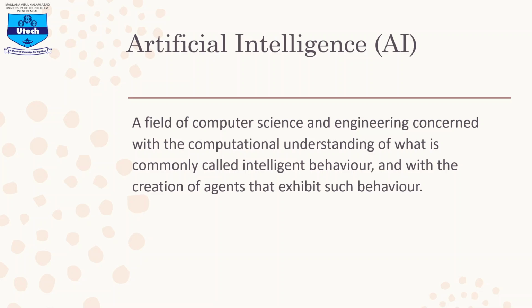So that is artificial intelligence. It basically deals with intelligent behavior and those agents that show intelligence. How can one agent gather intelligent behavior? How does the intelligence come to the agent?